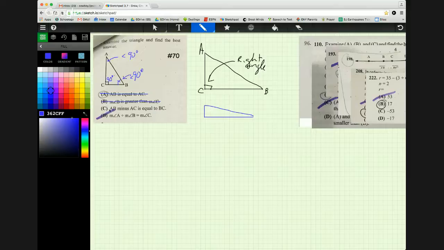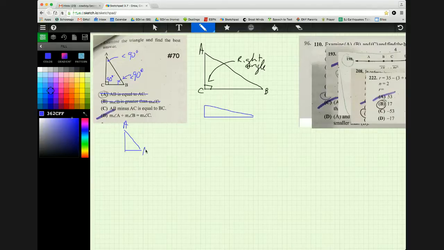All right, so let's look at this one. Choice C is the length of AB minus the length of AC is equal to BC. In other words, let's draw that again. AB is this one.